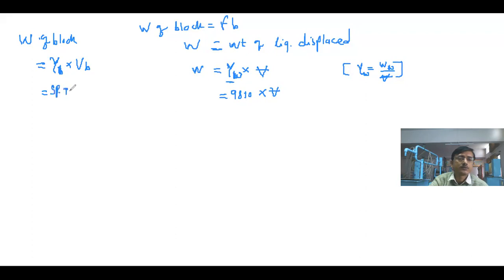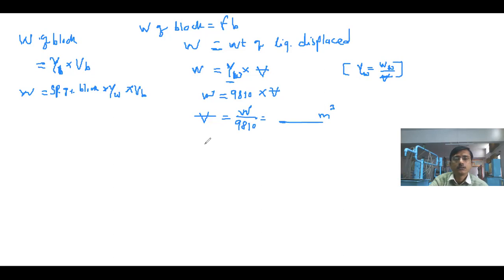Specific gravity of block into gamma W into V_B, we got W. So volume of water displaced will be equal to W divided by 9810. You will get it in meter cube.